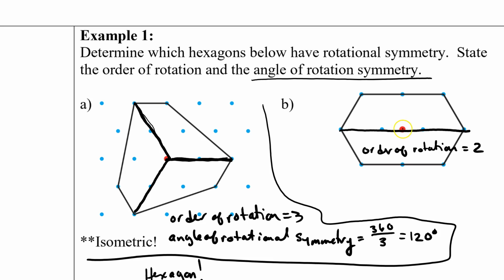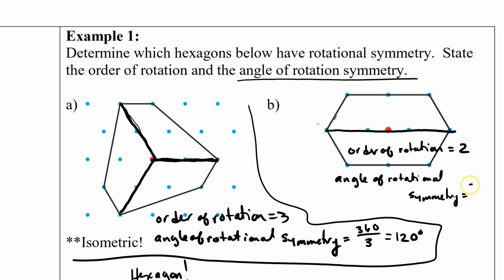If we swung it around this central dot here, we would be able to fit 2 of this shape in until the shape would coincide, or we would draw over this shape again. So the angle of rotational symmetry is going to be 360 divided by 2, which is 180. So the angle of rotational symmetry is 180, and the order of rotation is 2.